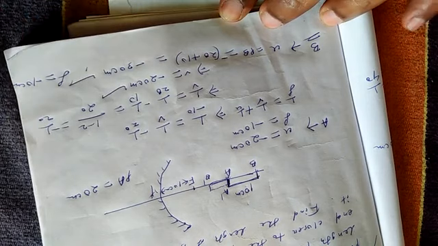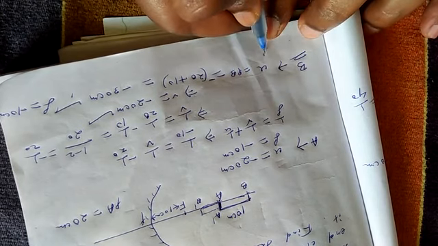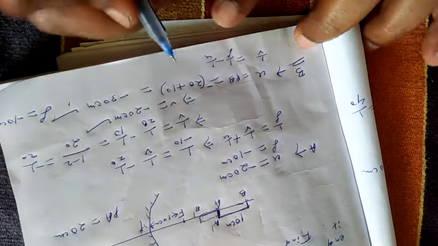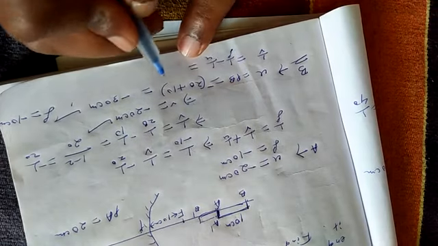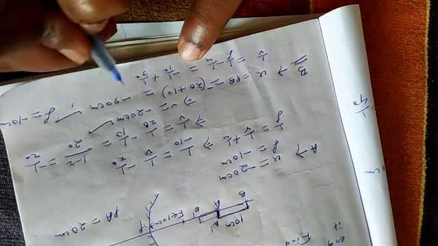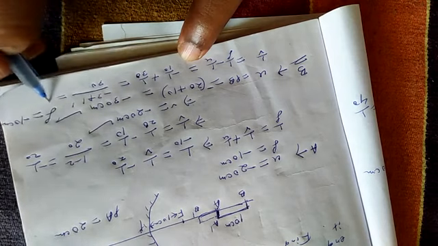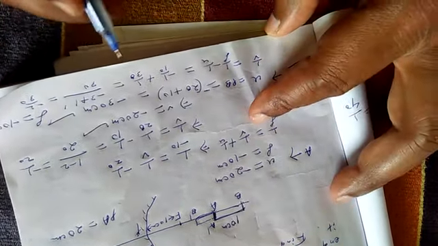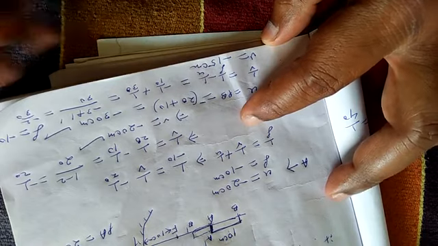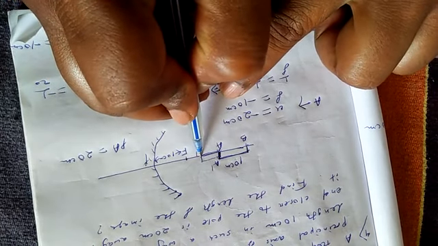So you can calculate V. 1 by V is equal to 1 by F minus 1 by U is equal to minus 1 by 10 plus 1 by 30 is equal to minus 2 by 30. So V is equal to minus 15 centimeter, means B dash is at 15 centimeter.